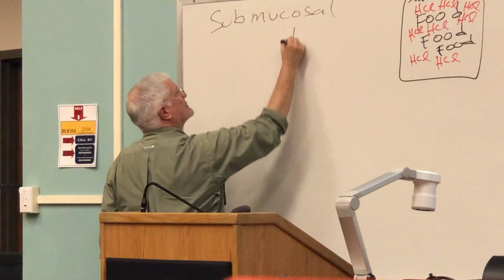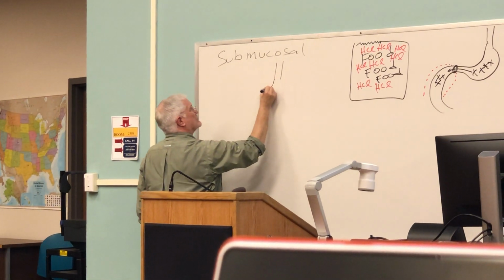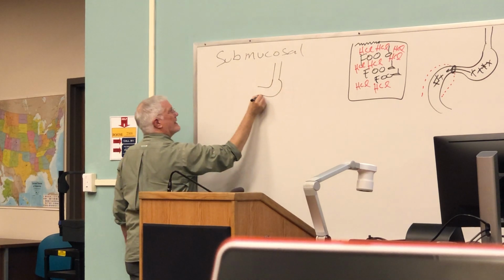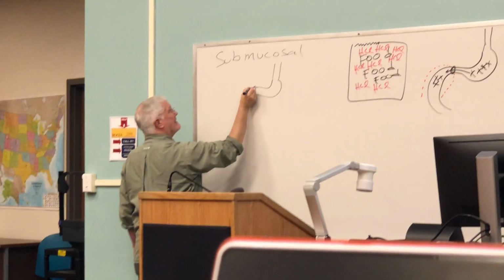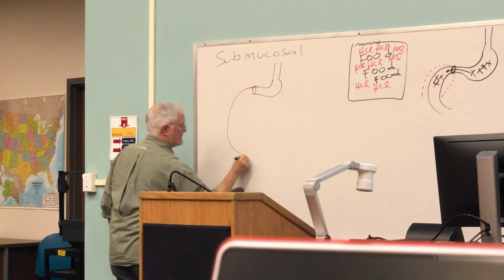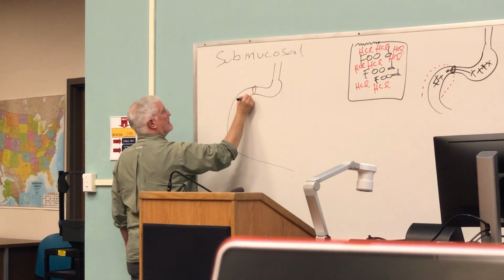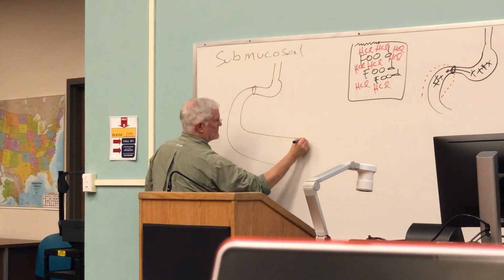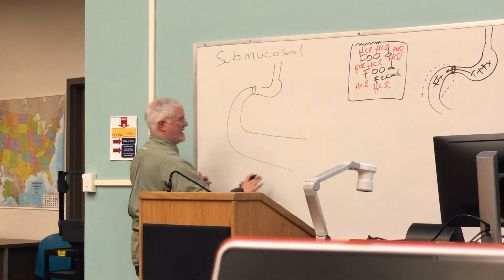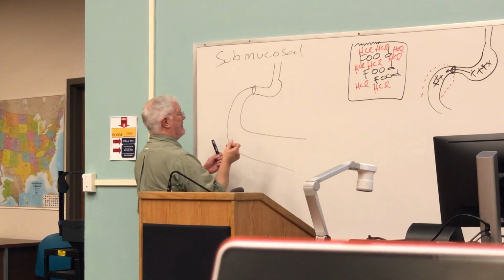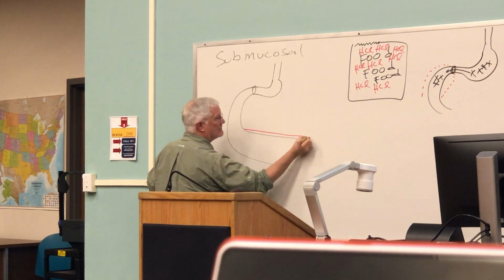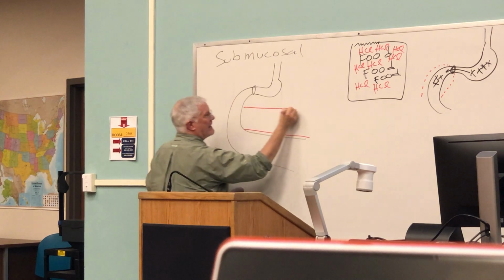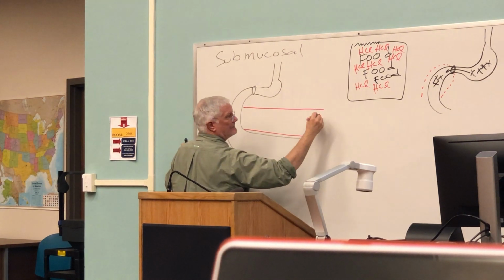Let's do it this way. So here's your esophagus, here's your lesser curve, here's your greater curve. I'm now going to destroy the relationship structurally. This is going to be my duodenum. This big thing, so we have room to create symbols with. And then this is going to be a capillary bed running right along next to the cells of my duodenum.